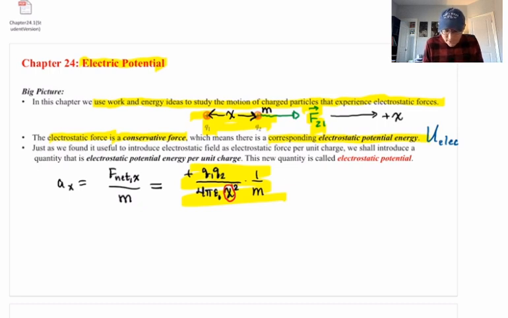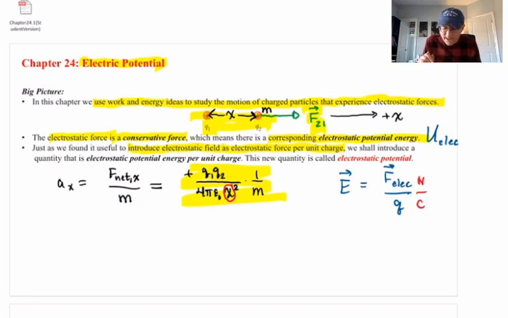In chapter 22, we introduced electrostatic field, E, which by definition was electrostatic force per unit charge. E arrow is F electric arrow over Q. And in fact, the units of E are Newton per Coulomb, force over charge.